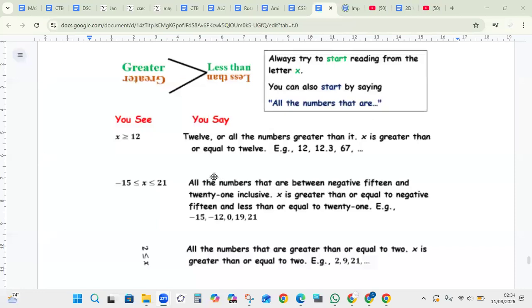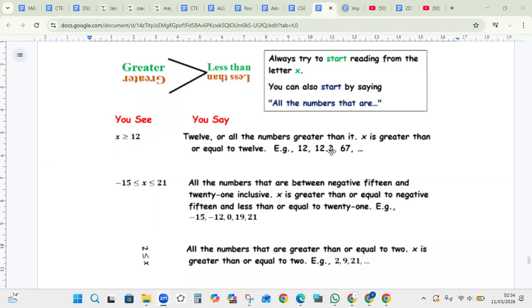And finally, a reiteration. Always try to start reading from the letter X. You can also start by saying all the numbers that are. Here's a reiteration: the opening is the greater than, the point is the less than. First column, what you see, what you say. All the numbers that are greater than or equal to 12.